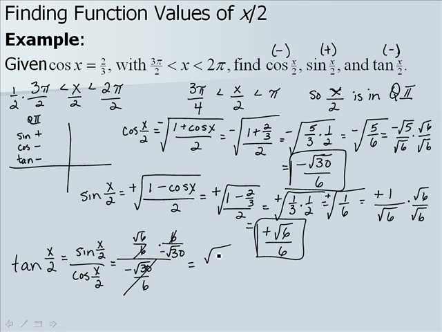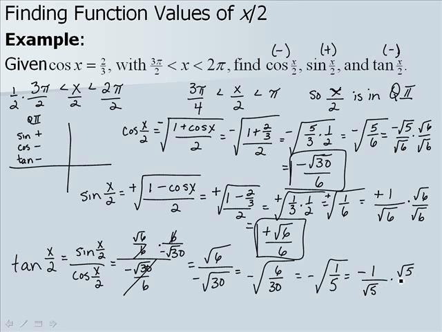So we'll have the square root of 6 over negative square root of 30, which is equal to negative square root of 6 over 30, since we can put it back together. That'll reduce down to negative square root of 1/5, which is negative 1 over the square root of 5, and we'll rationalize that. So we end up with negative square root of 5 over 5.